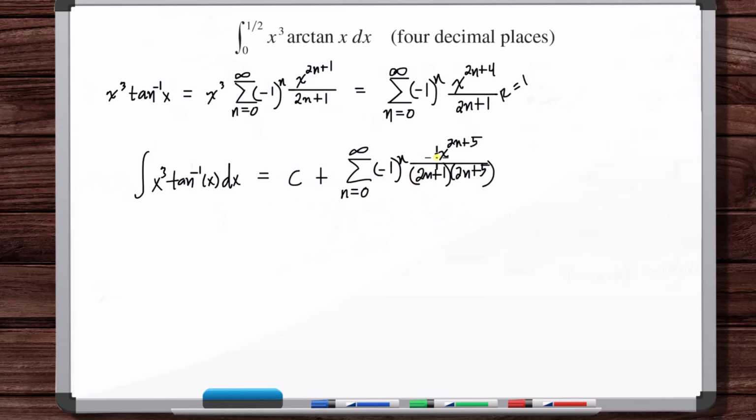When you plug in x equal to 0, every term is 0. So what it comes down to is that this is equal to this series with x equal to 1/2.